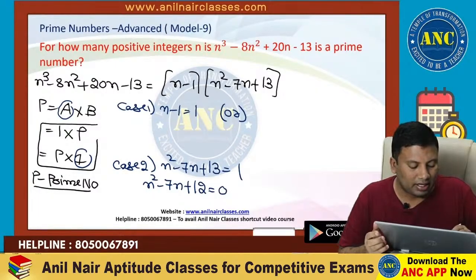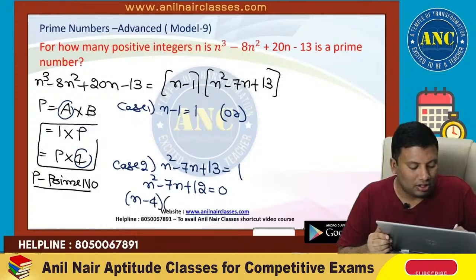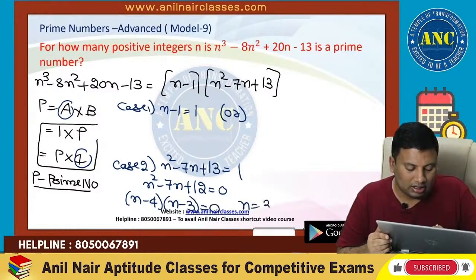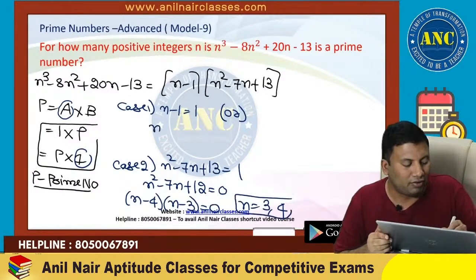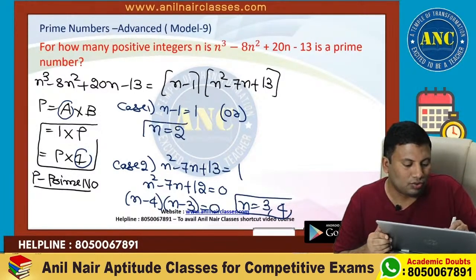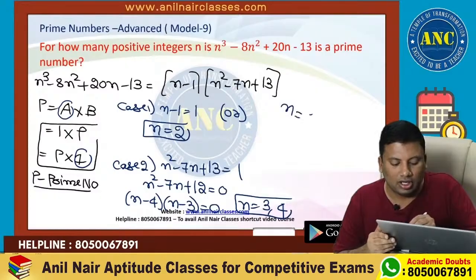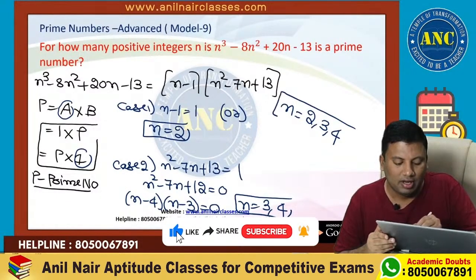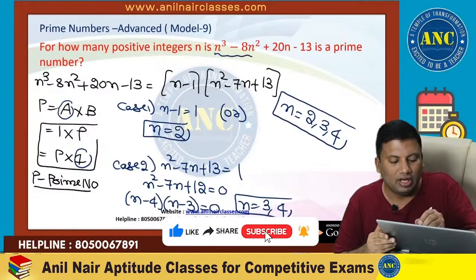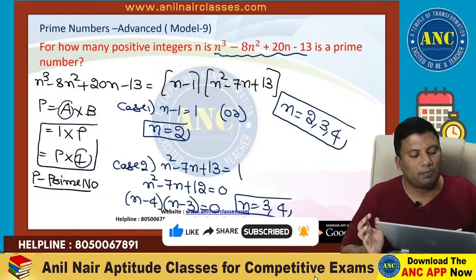This is nothing but n minus 4 into n minus 3 equivalent to 0. n is nothing but 3, 4. So n can be 3, 4 or n can be 2. So 3 values it can take: n equal to 2, 3, 4. For these 3 values, this cubic expression is a prime number.